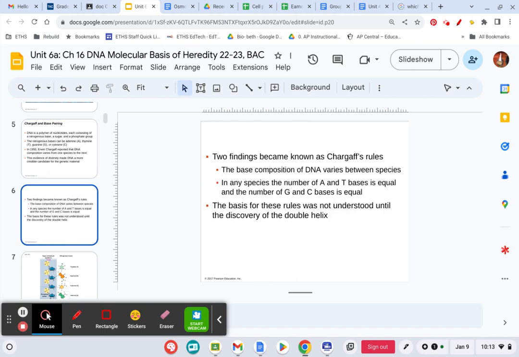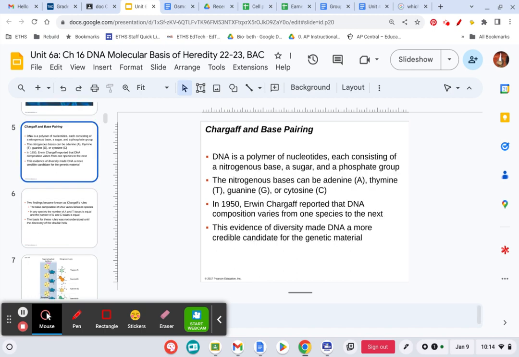Yeah, okay. So we already know this. So we're kind of going back in retrospect here. We know that DNA is made of nucleotides, right? Remember what the nucleotides are made of? Nitrogen base, sugar, and a phosphate. So sugar, a phosphate, and a nitrogen base.